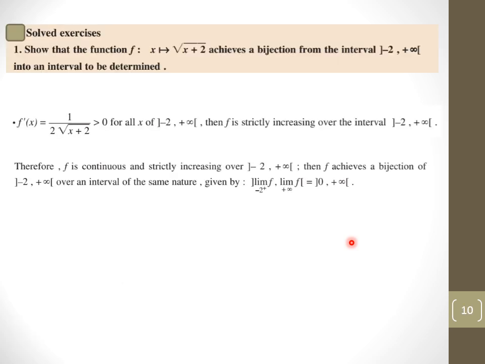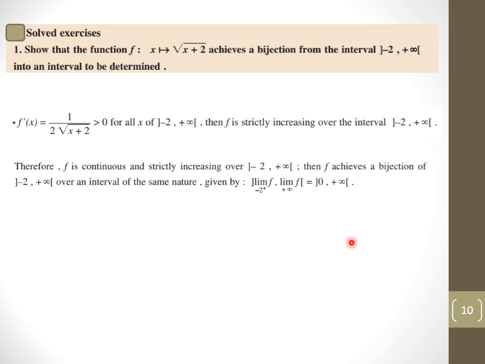So now we're going to study if the function is increasing or decreasing to find its image. We have a function radical x plus 2. Its derivative is 1 over 2 radical x plus 2. So this derivative is positive for every x. Then the function itself is strictly increasing over its interval, which is -2 to plus infinity.